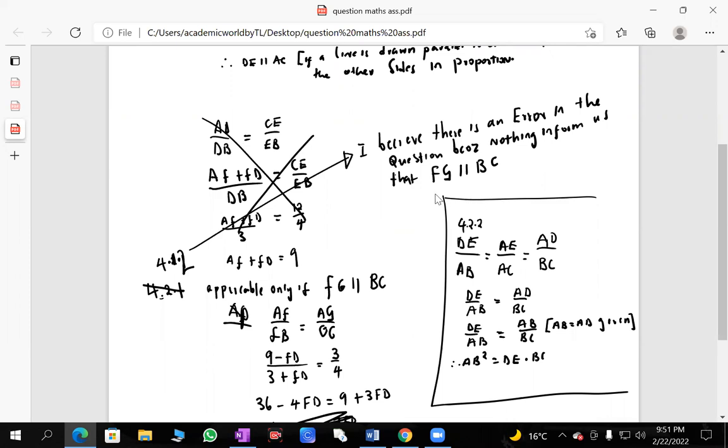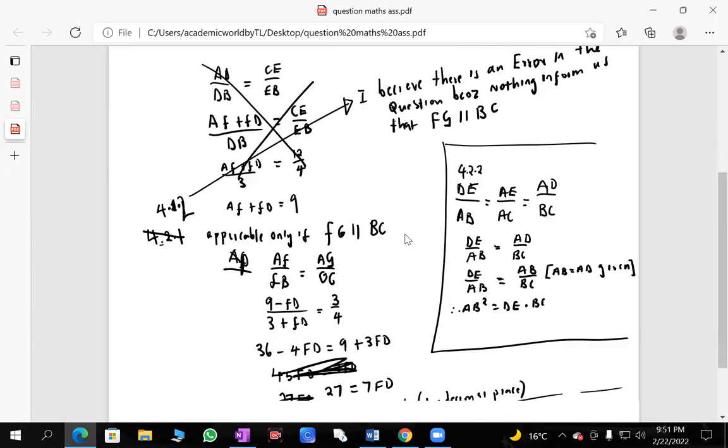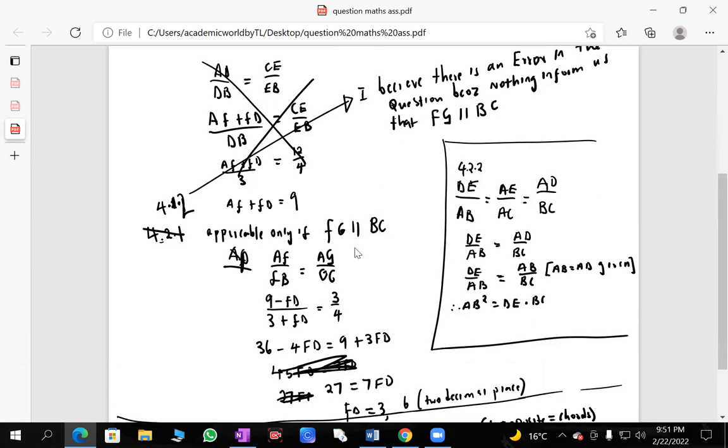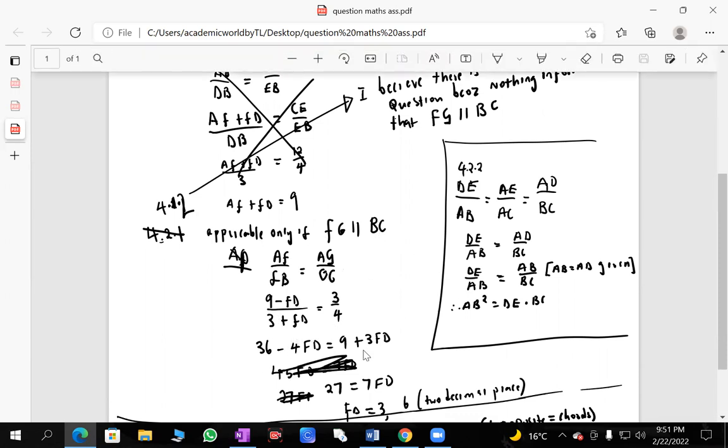I said the theorem is applicable only if FG is parallel to BC. The theorem that you want is only applicable if FG is parallel to BC.